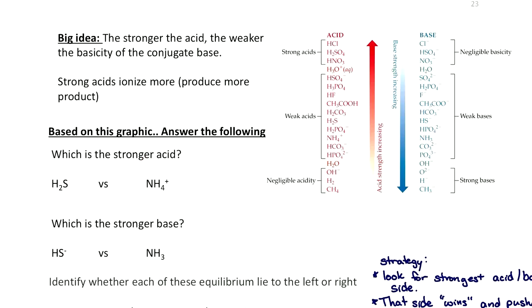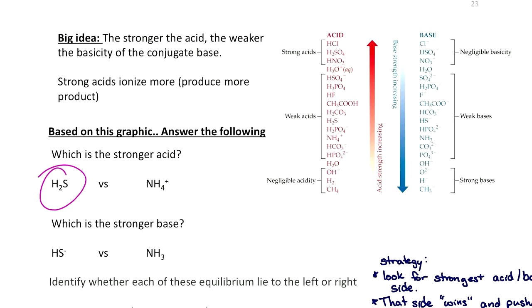Here's H2S, and then ammonium. Which one's the stronger acid, the first one or the second one? The first one, yes, because it's higher on the list. Perfect.